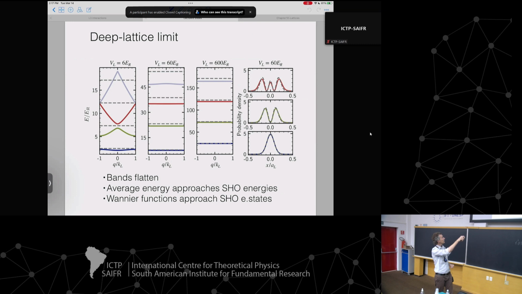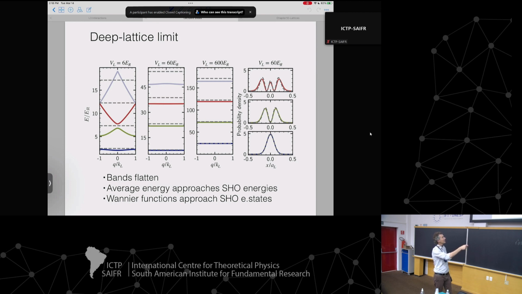This gap here, as I get deeper and deeper, becomes larger and larger. And those two gaps kind of squeeze the dispersion relation into nothingness. So what used to have a nice curve here becomes a flat line. And as I go to even deeper, here's 600 recoil, you can see that what used to be band structure with some kind of curvature just becomes a flat line. So these are called flat bands.